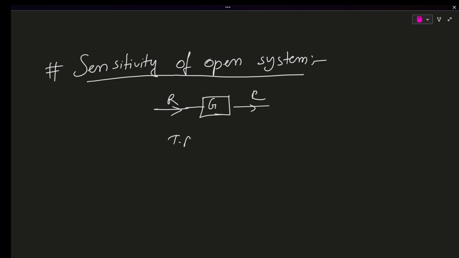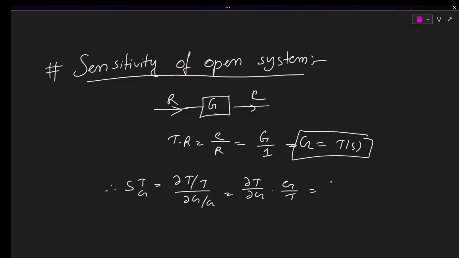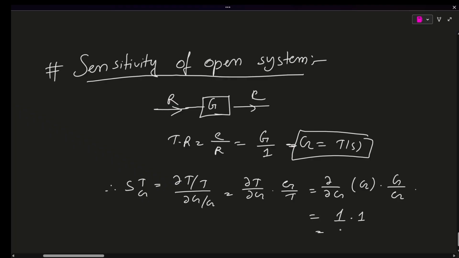In case of an open system, the transfer function is C by R equals G. So the sensitivity of the system for G will be dT by T into dG by G, which equals dT by dG into G by T. So for an open system, the value of T will be G, so we just change the T with G, so it will be 1 into 1 equals 1. So the sensitivity for the open system will be 1.